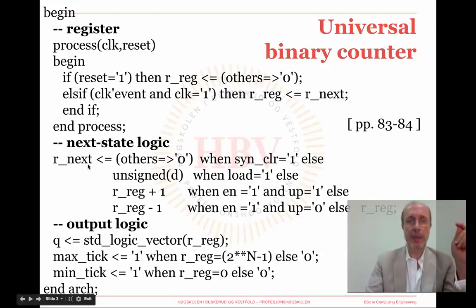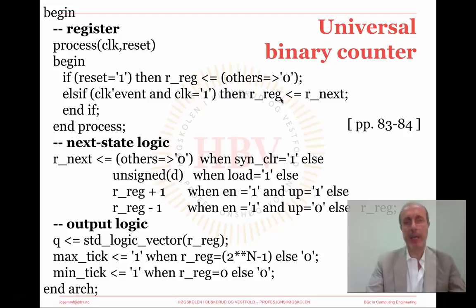So the next state value will be taken to 0 as soon as the synchronous clear goes to 1, but the counter outputs will be set to 0 only at the next rising edge of the system clock, which is when the process is activated and the register outputs are updated.